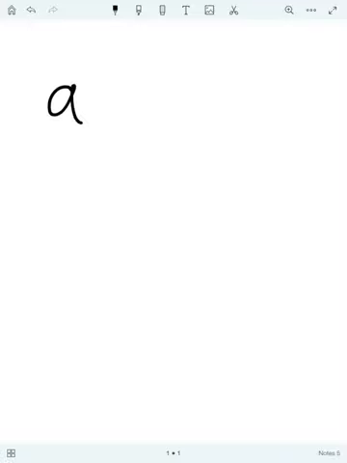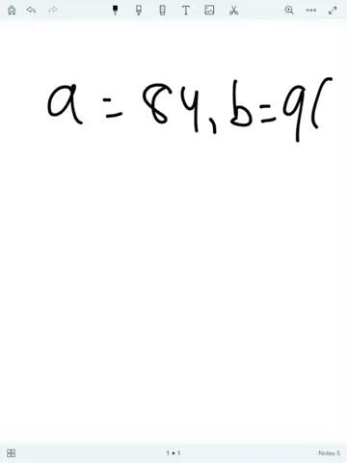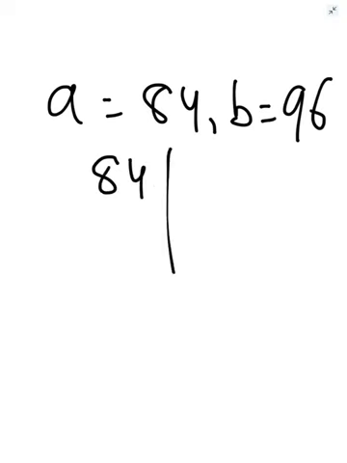Suppose the numbers are 84 and 96. Okay, so the two numbers given are 84 and 96. We have to find their HCF. So what I will do is divide the bigger number by the smaller number. So I will divide 96 by 84 and find the remainder.